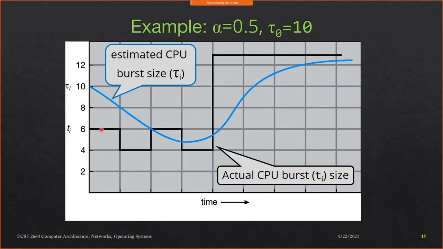Well, we are going to have a value such that half of it depends on the actual value and half depends on the previously predicted value 10. So half of 10 is 5, half of 6 is 3. Add those two up. And we do that for every time we add the blue line.